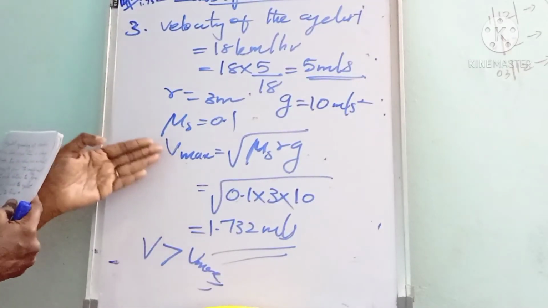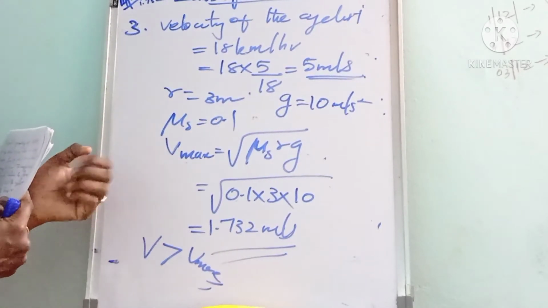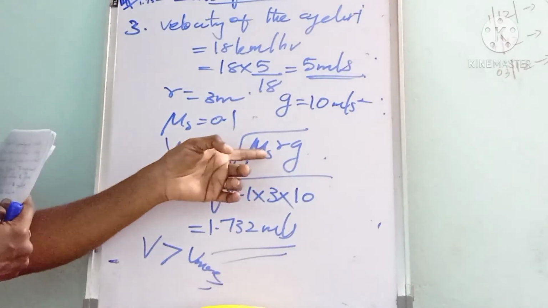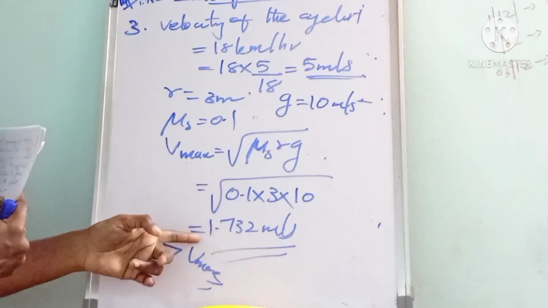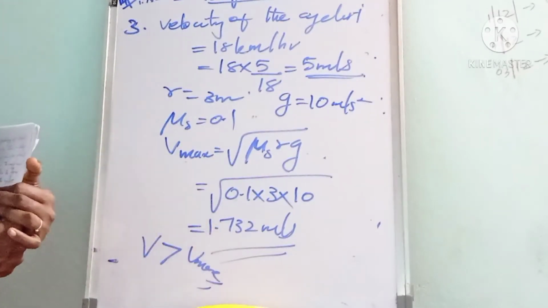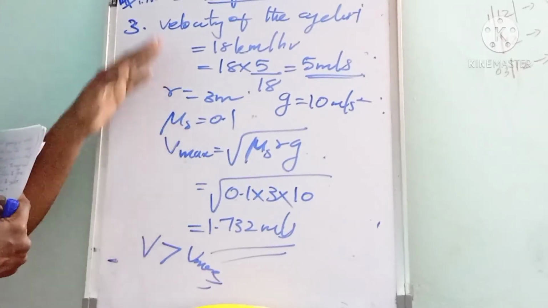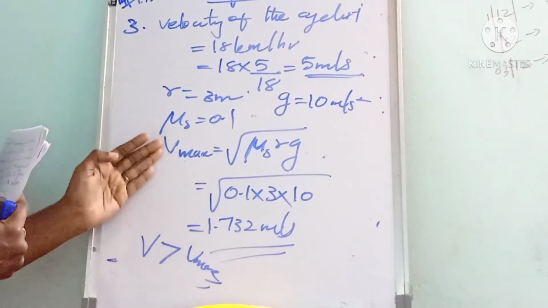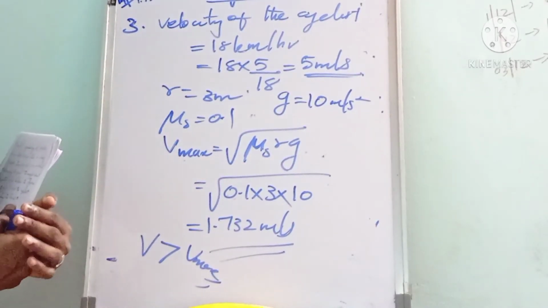We know the equation for the maximum speed with which a vehicle can negotiate a circular level road is V max equal to the square root of mu s r g. Substituting these values, we got the maximum speed limit as 1.732 meter per second, which is less than the velocity of the cyclist. So the cyclist will slip from the circular path. Okay, all of you got it?